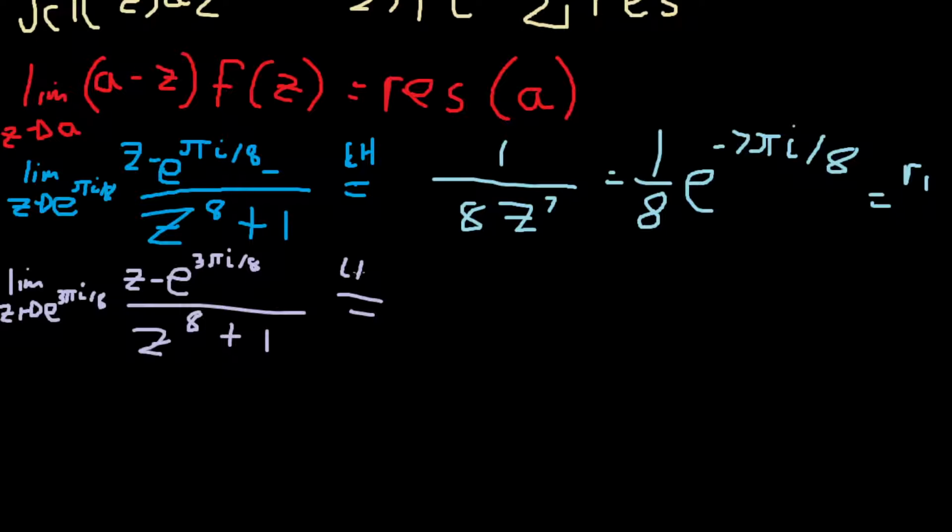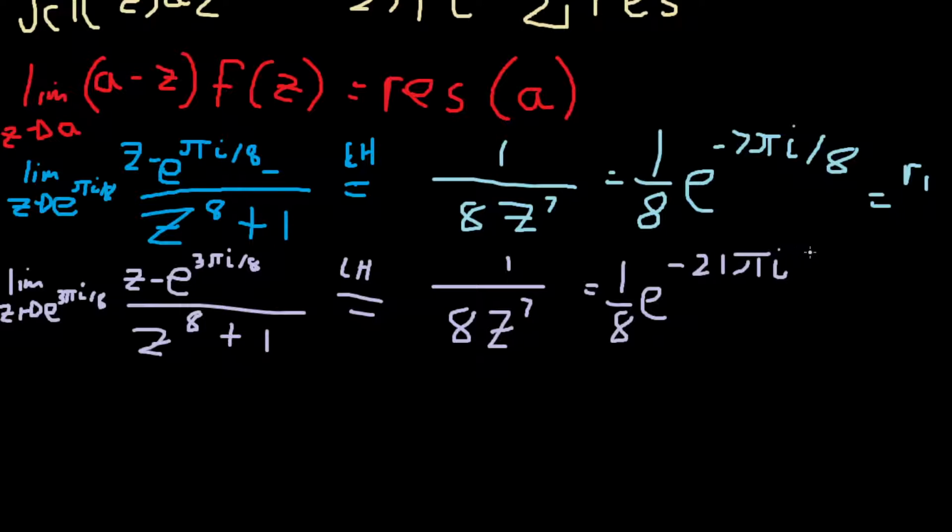By L'Hopital's rule, we get 1 over 8 z to the 7th, 1/8 e to the negative 21 pi i over 8 is r2, and instead of going through this whole process, let's just plug the singularities into this function here to get immediately the limit value.